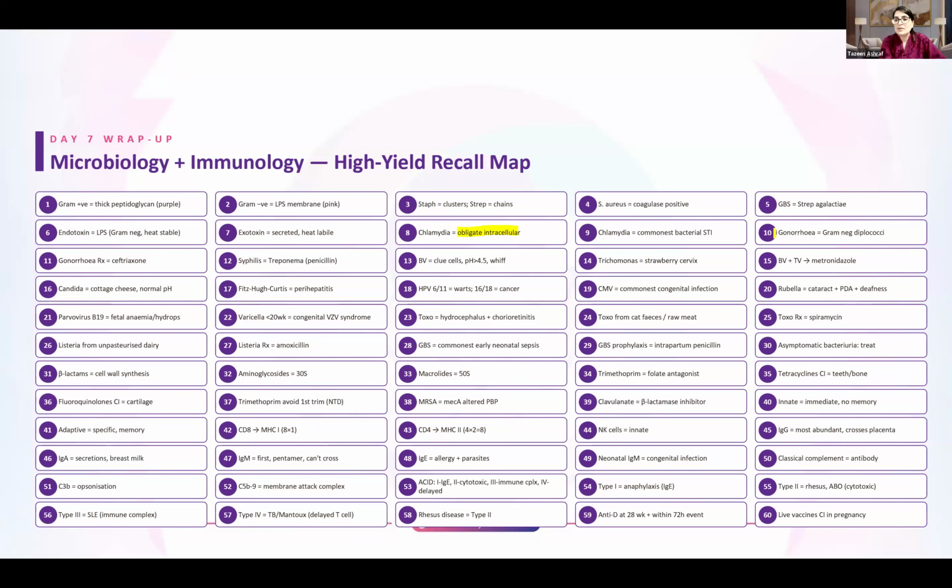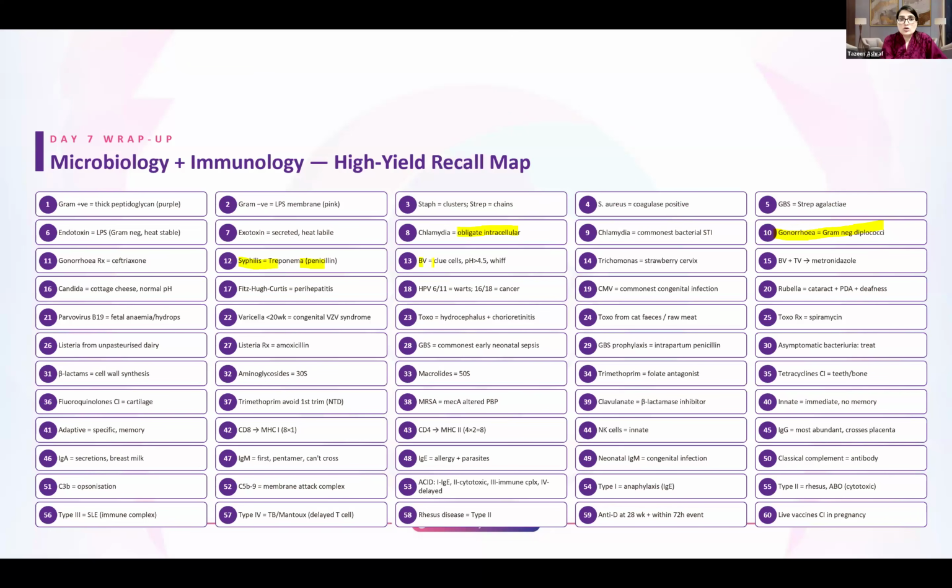Gonorrhea is gram negative diplococci, and its treatment, which we have to remember, is ceftriaxone. Syphilis is Treponema, and penicillin is the treatment.